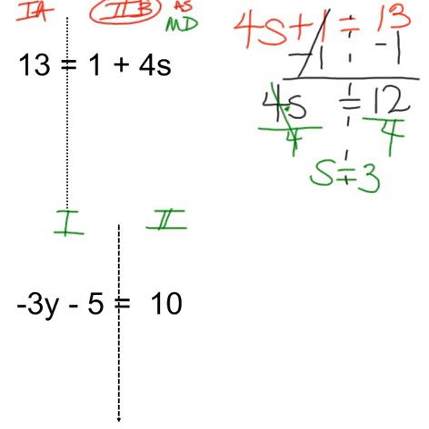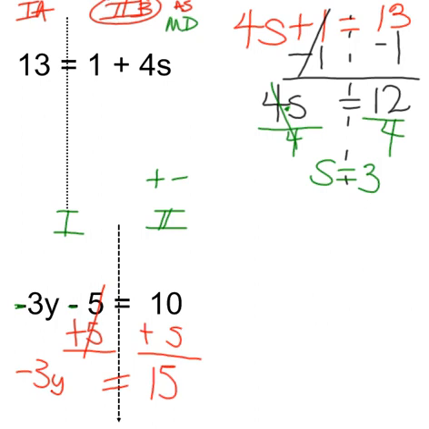Look, I have a negative 3y and a minus sign here. Remember the inverse of order of operations: you start with adding or subtracting. Here I have minus 5, so I want the inverse of minus 5, which is plus 5. Whatever I do to one side, I have to do to the other. So I'm left with negative 3y equals 10 plus 5, which is 15.